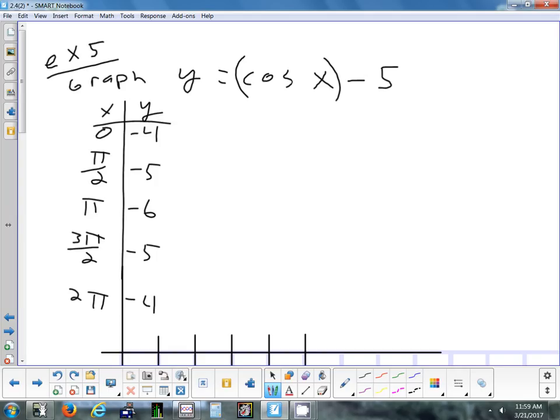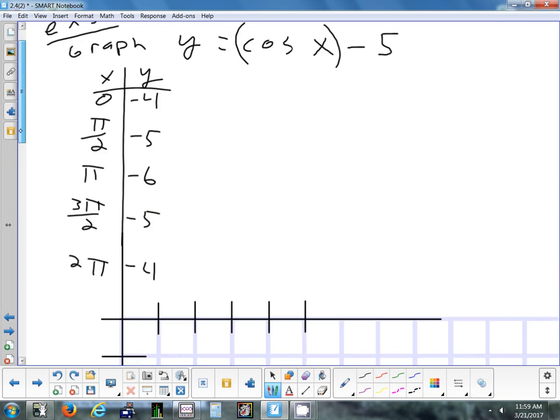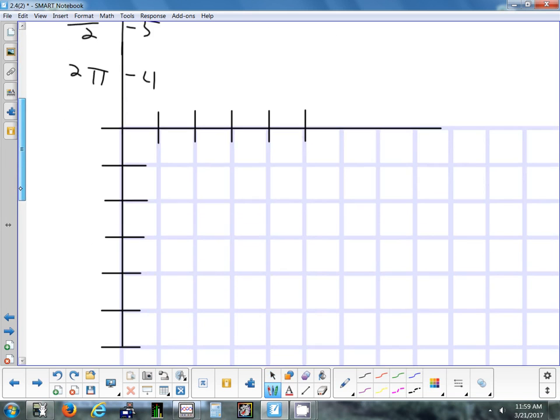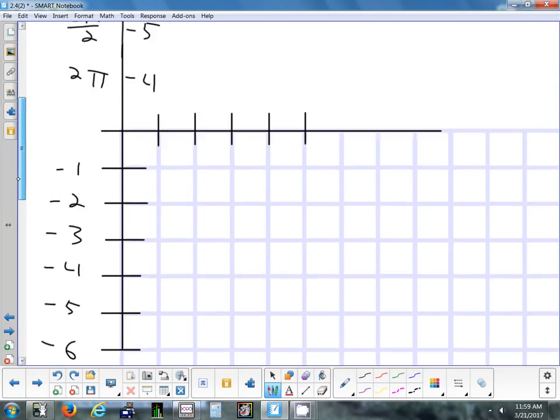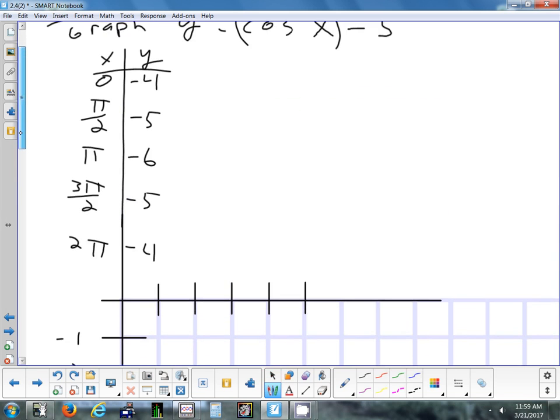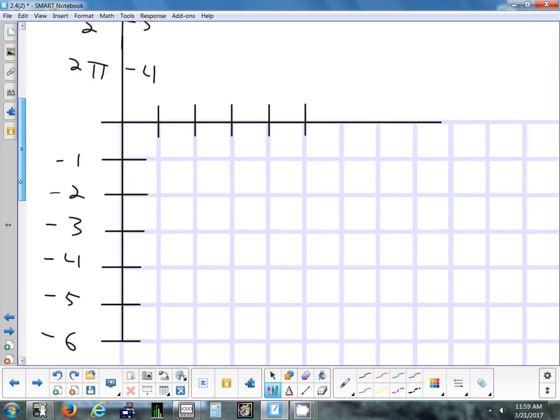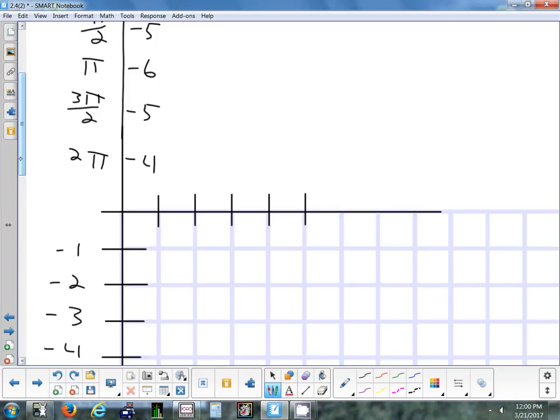Okay. Last thing is, let's make our graph. So we have to go as low as -6. Just like that. And I'm going to go same values on the x-axis as always. This time I'm going to put them up above so they're not in the grid. Pi over 2, pi, 3 pi over 2, 2 pi.